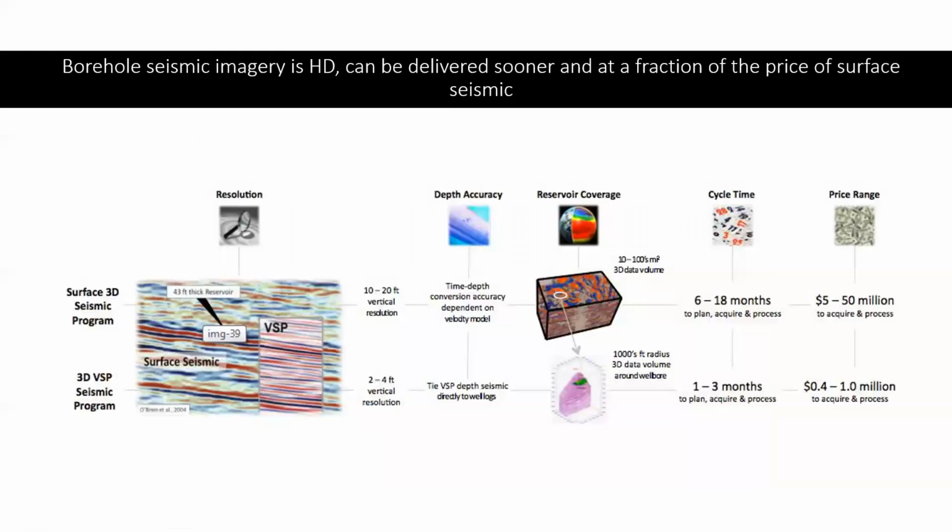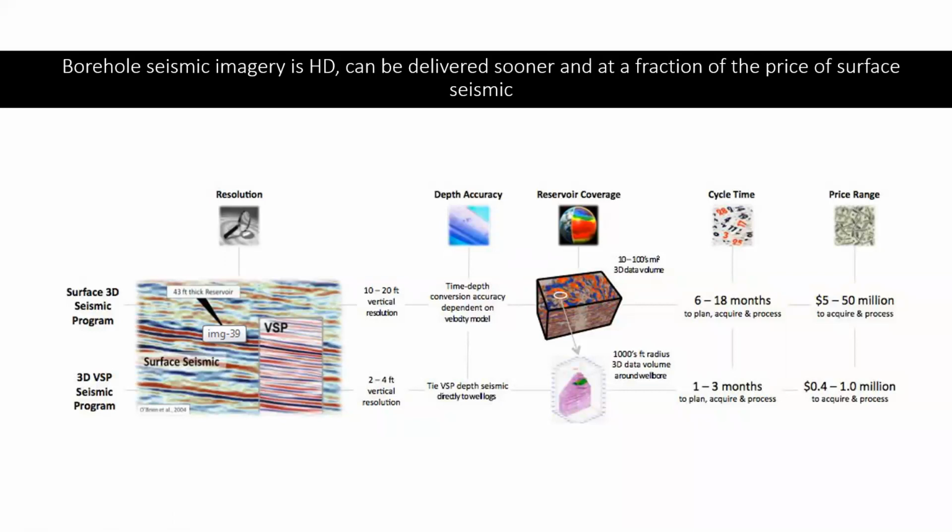A lot of factors have been compared here in this slide between VSP and surface seismic methods. For example, if I start from left to right, there is vertical resolution, then depth accuracy, and then area coverage, and then acquisition time and budget to acquire the data. Suppose one method has high resolution, but at the same time the other method has more spatial coverage. When we have to map more area seismically, then of course we need more time and budget.